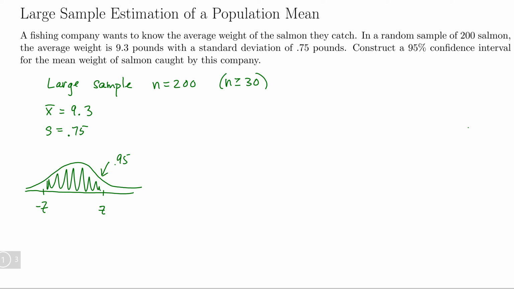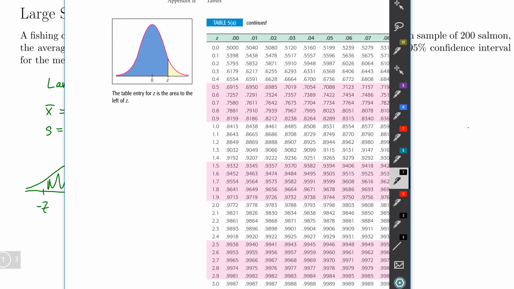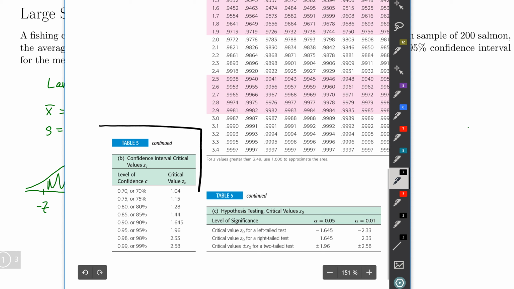This is something that you can figure out, but you're also able to use the normal distribution table, which has some common levels of confidence and their critical values associated with them. This is found on the positive side in the lower left-hand corner. In this case, we can see that 0.95 or 95% has a corresponding value of 1.96.